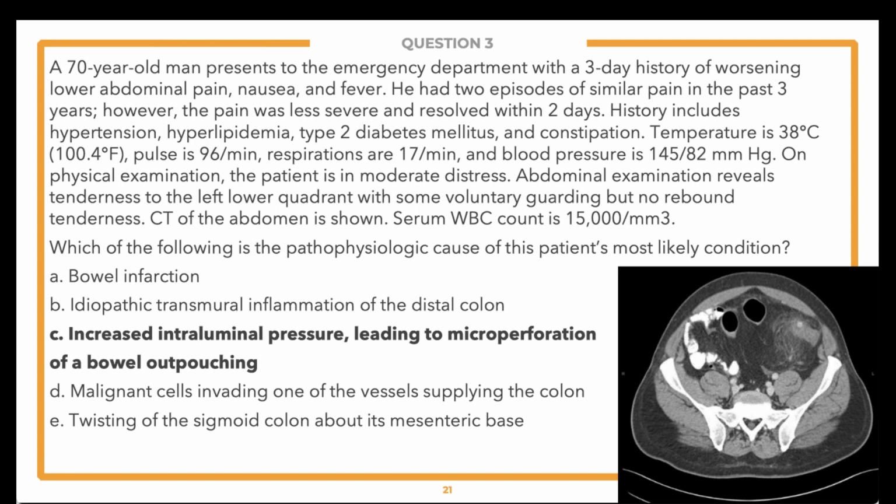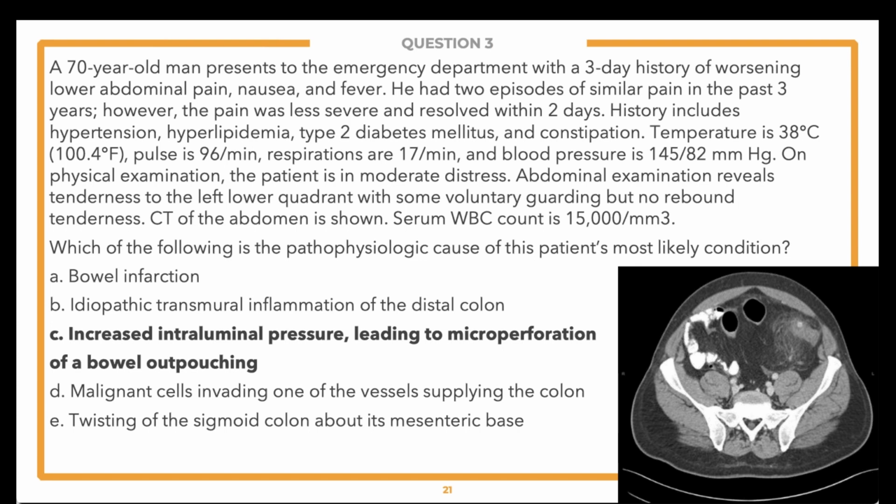Another one that's going to present with acute pain is answer choice E, right? The twisting of the sigmoid colon about its mesenteric base. That would suggest a sigmoid volvulus manifest by abdominal distension and evidence of bowel obstruction on a CT, which doesn't show up here. Our other two options, answer choice B and answer choice D, would have a more chronic presentation.